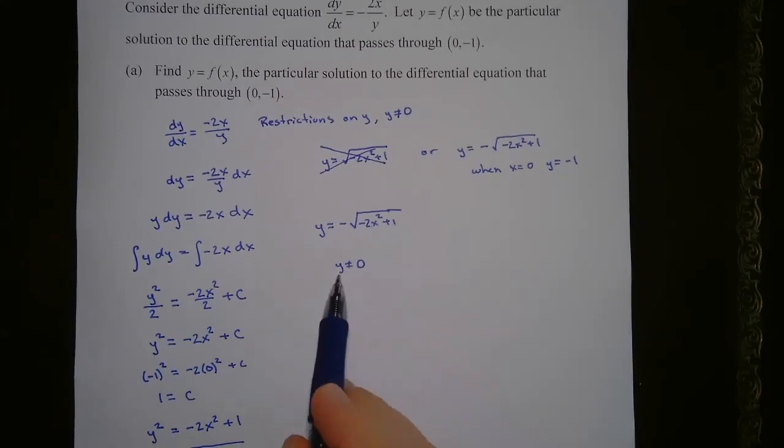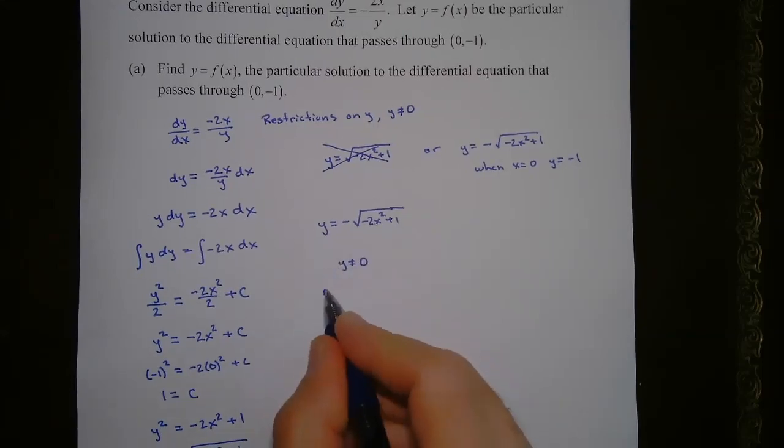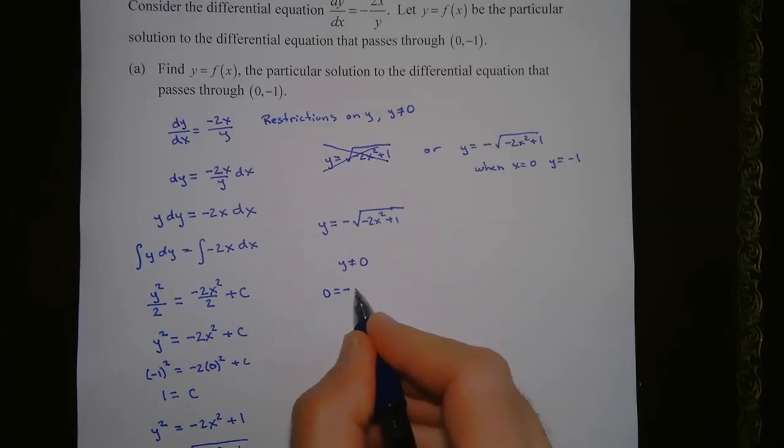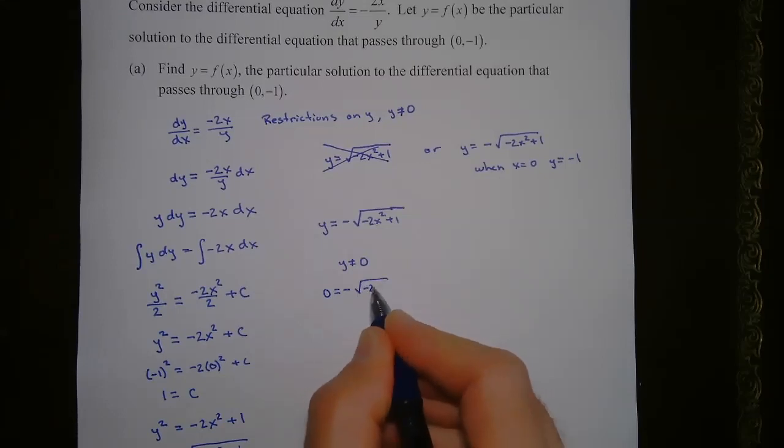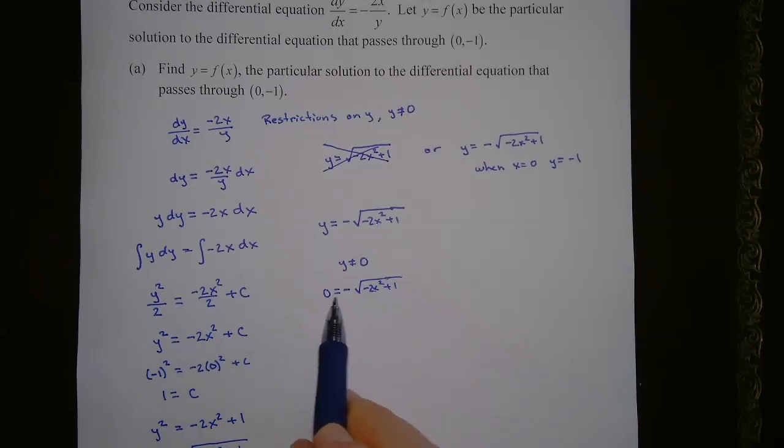So let's figure this one out first. We have 0 is equal to negative the square root of negative 2x squared plus 1. I'm going to do a couple of things here.